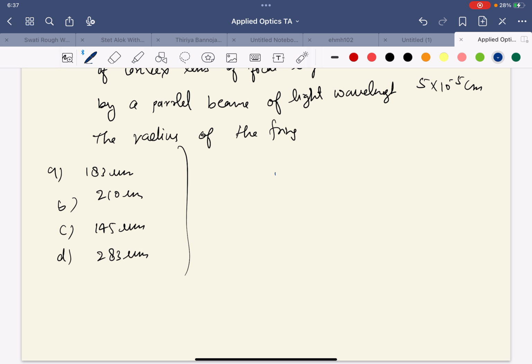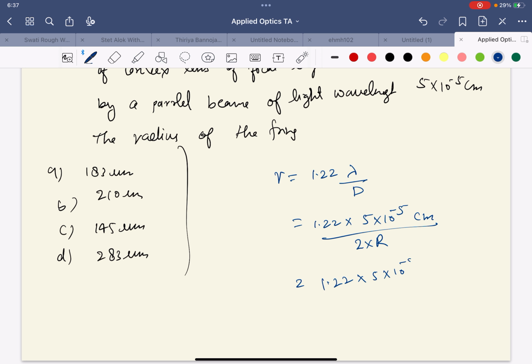As you know, this R is equal to 1.22 lambda by D. So it is 1.22 into 5 into 10 to the power minus 5 centimeter, and D is 2 into R, where R is given as 0.05 centimeter.